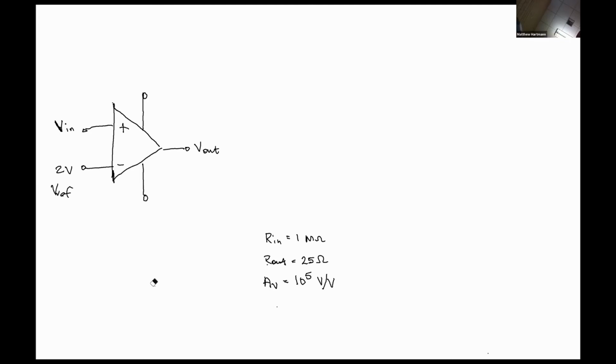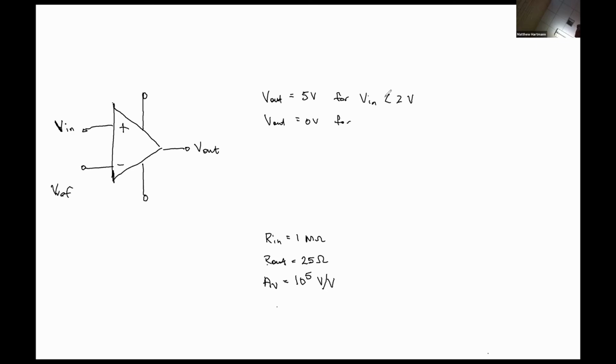So we want V out equal to 5 volts for Vn less than 2 volts. And we want V out equal to 0 volts.